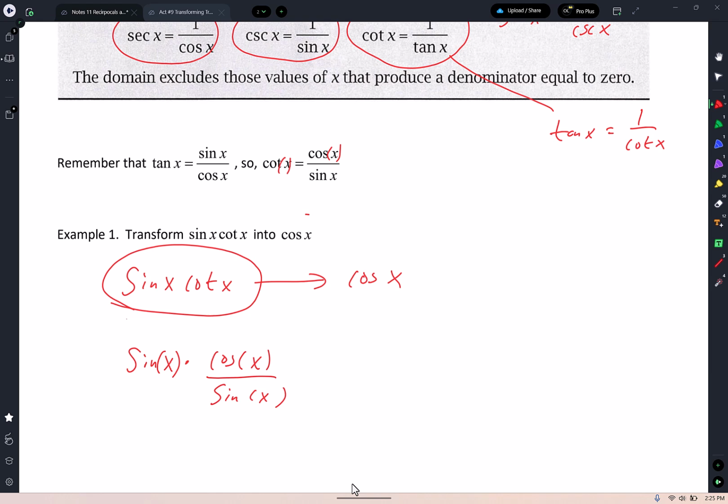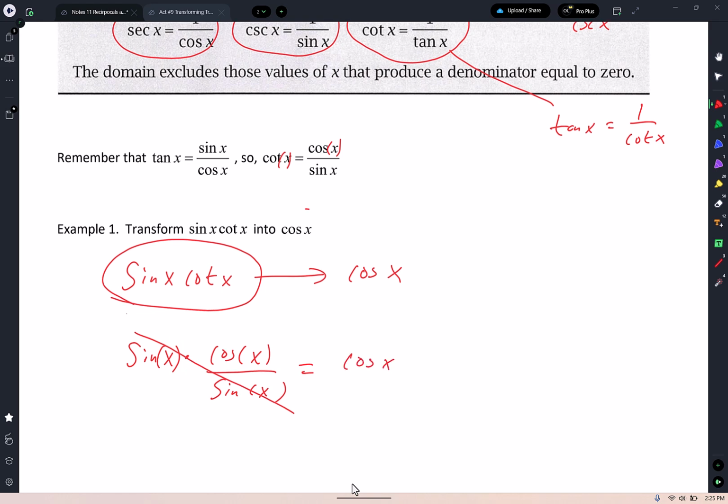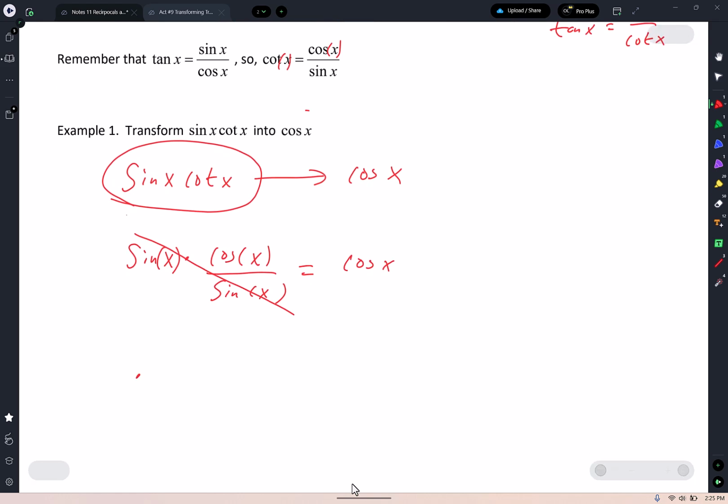What's going to cancel? The sine. And look what you have: you have cosine. So usually you draw 3 little dots in the shape of a triangle. That stands for therefore. Therefore, sine x cotangent x is equal to cosine x. If you don't see me put parentheses in the argument, guys, that's okay. Textbooks do that all the time.